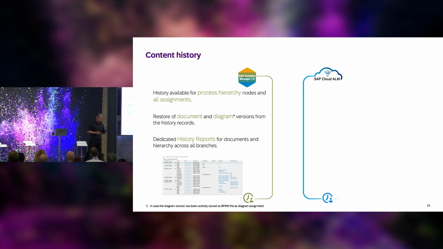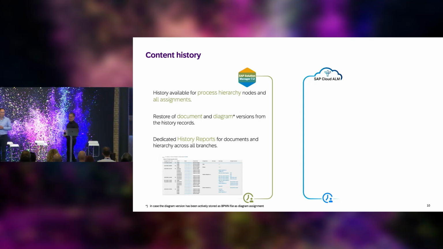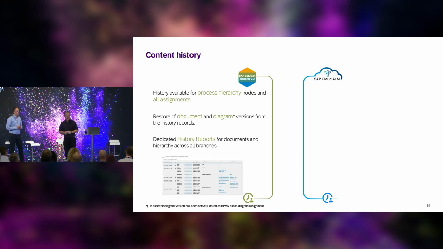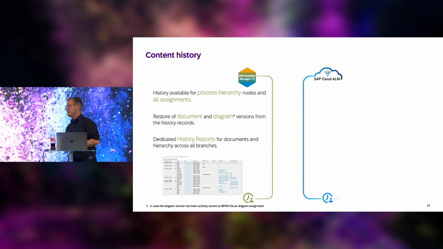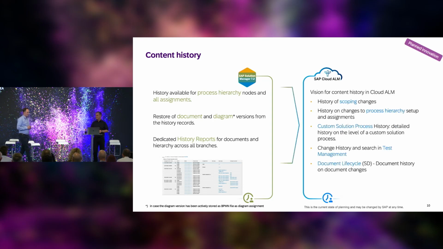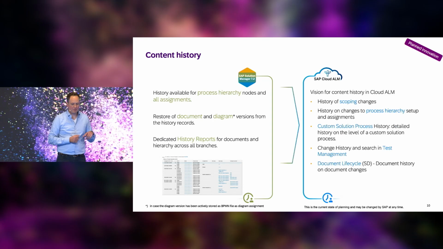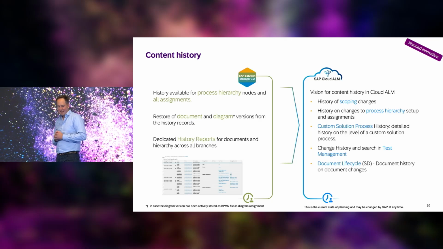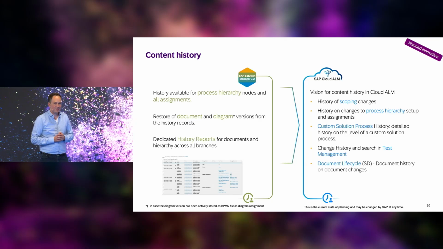And then we have some reports for the history, for the documents and the hierarchy, which give a holistic view on what has been changed, by whom, when. Now, it's Cloud ALM time. I mean, we would rather talk about the future than about history, right? But in this case, let's be precise.